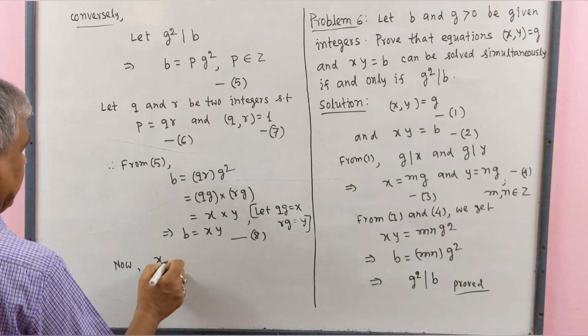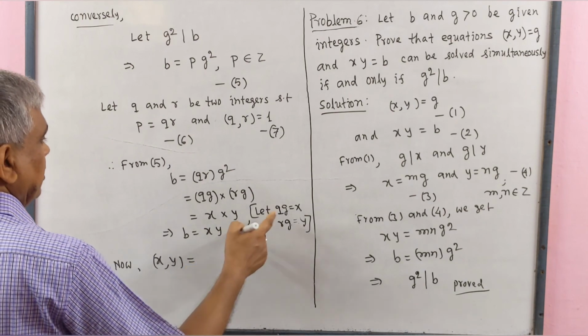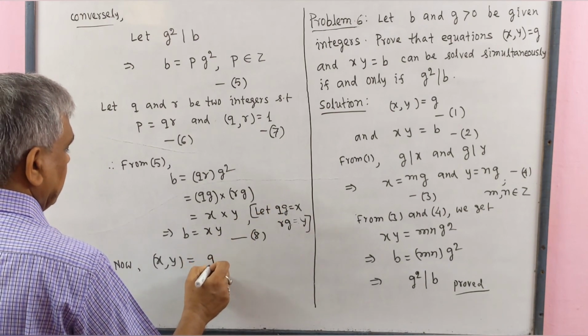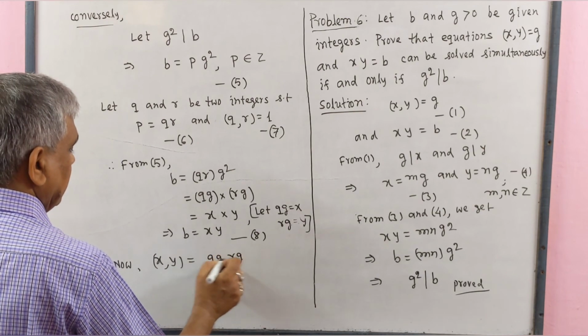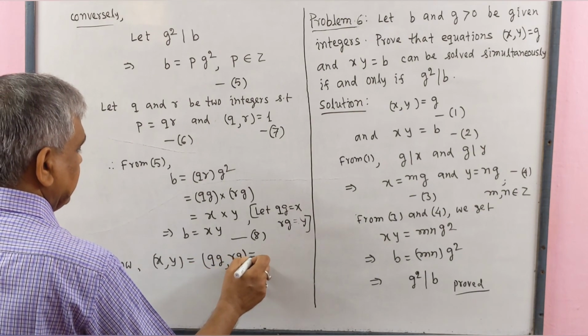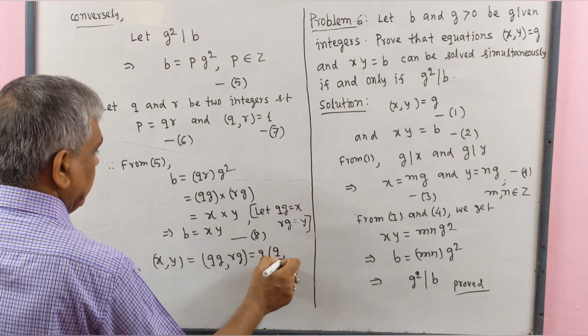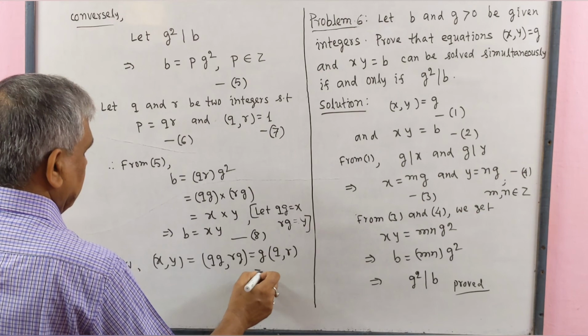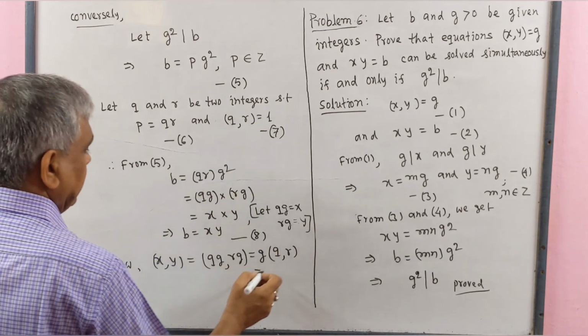Now GCD of x and y. x is qg and y is rg. We may take g outside and GCD of q and r. GCD of q and r is 1 in 7.